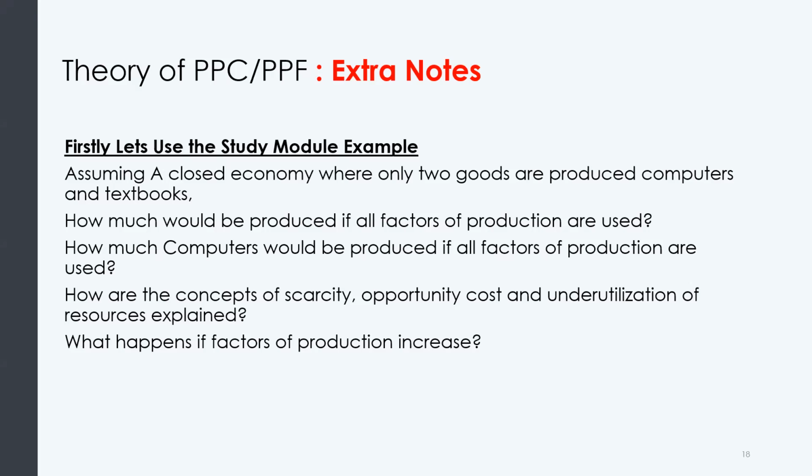You will notice that the concepts we've studied so far in economics can be illustrated using a graph, and that's what we want to do. The graph that illustrates what we've been talking about so far is called the production possibility frontier.